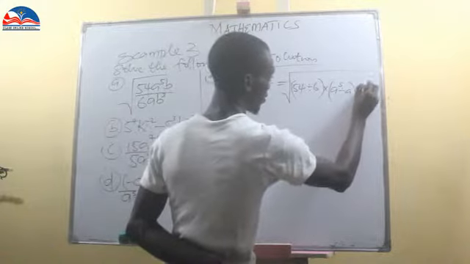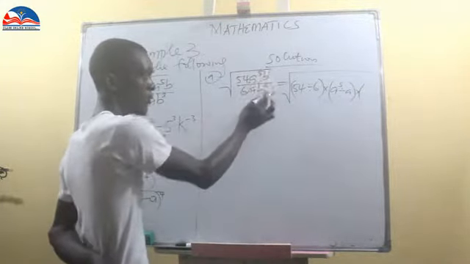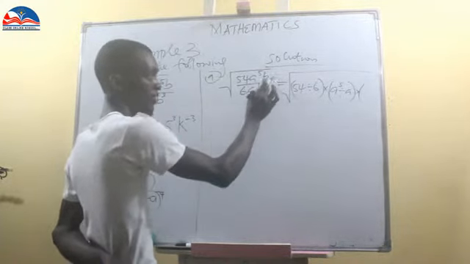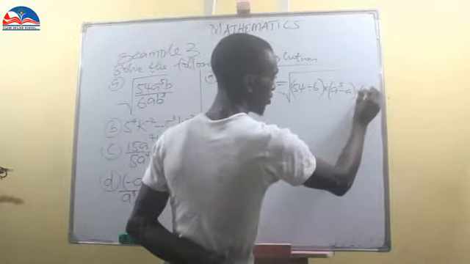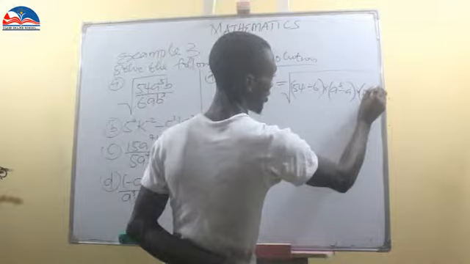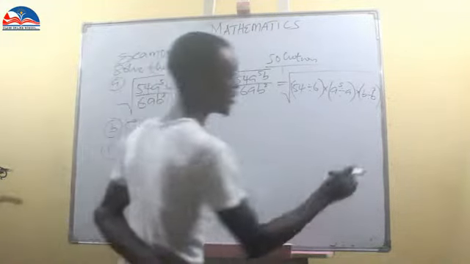Multiply by b divided by b^3. Okay, b divided by b^3.